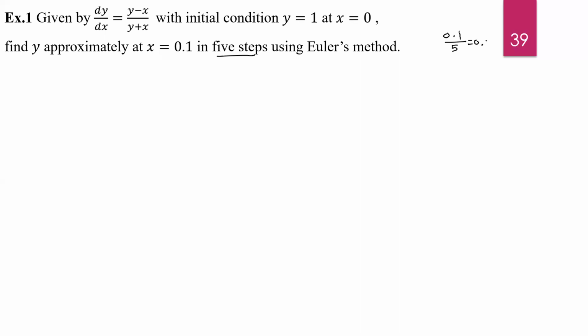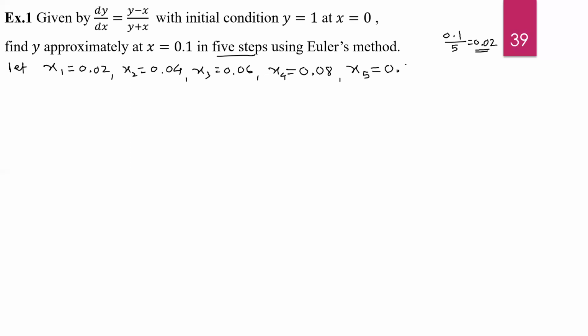So we get 0.02. That is the value of x1. Here the value of x1 we start from 0.02. x2 is equal to 0.04. x3 is equal to 0.06. x4 is equal to 0.08, and the fifth step is 0.1. That is 0.10 means 0.1.